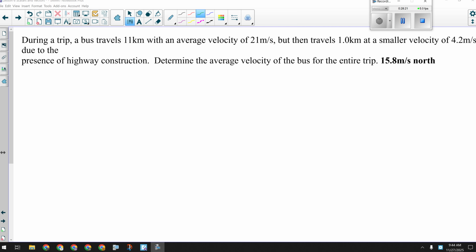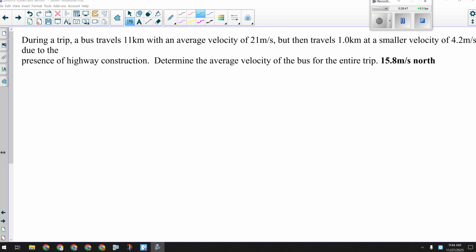All right. So for number 4, we know that the bus travels 11 kilometers with an average velocity of 21 meters per second, then travels 1 kilometer at a smaller velocity of 4.2 meters per second due to the presence of highway construction. What's the average velocity of the bus? Now, what's wrong with this question?